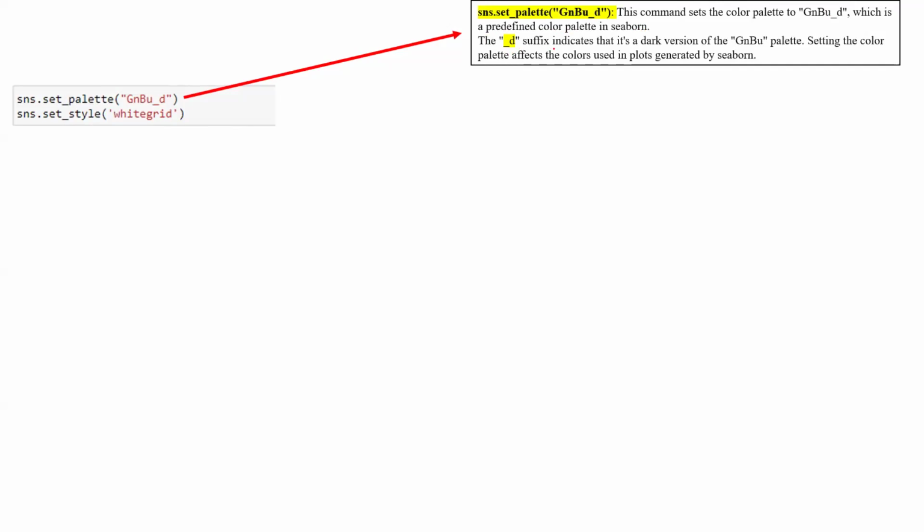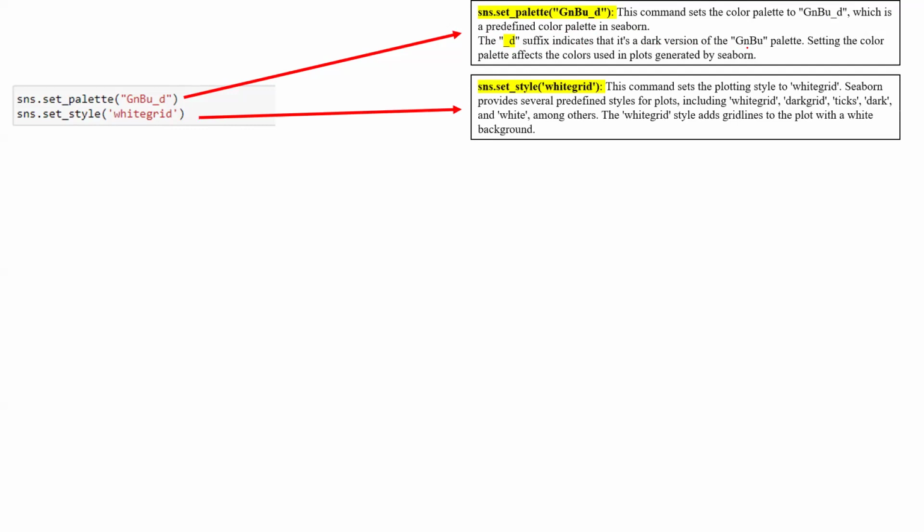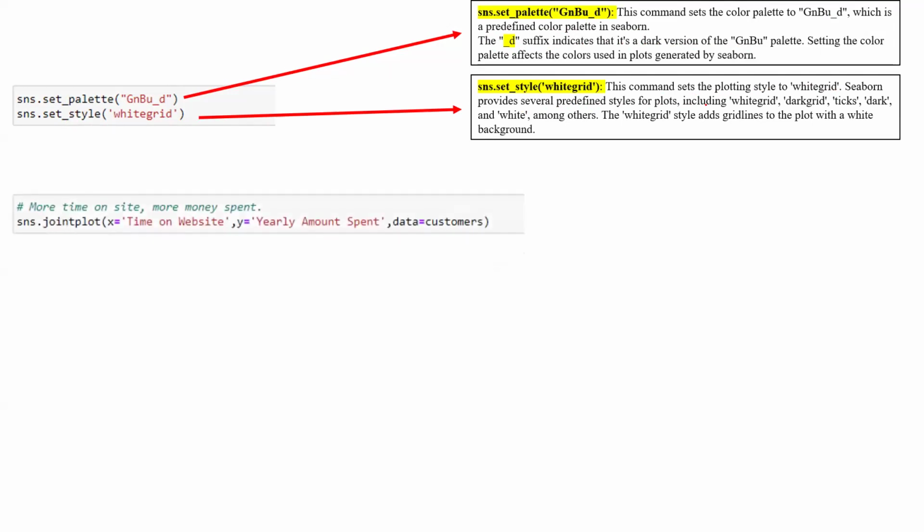The _d suffix indicates that it's the dark version of the GnBu palette. Then sns.set_style white grid. Well, this command sets the plotting style to white grid. Seaborn provides several predefined styles for plots. You can go back and forth between different plots.